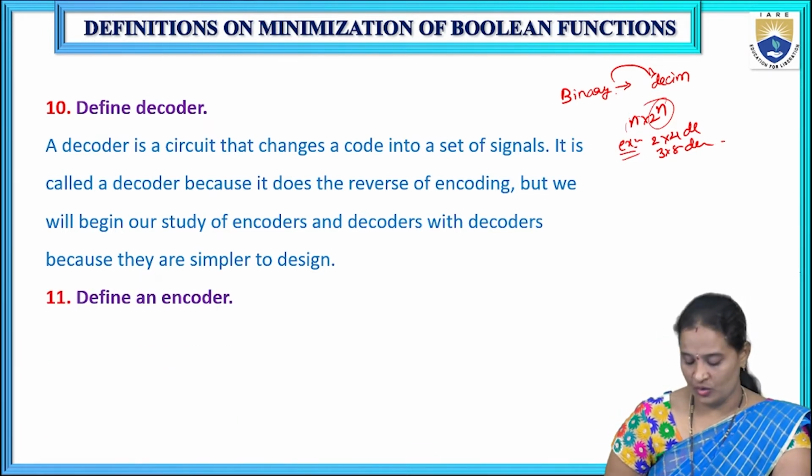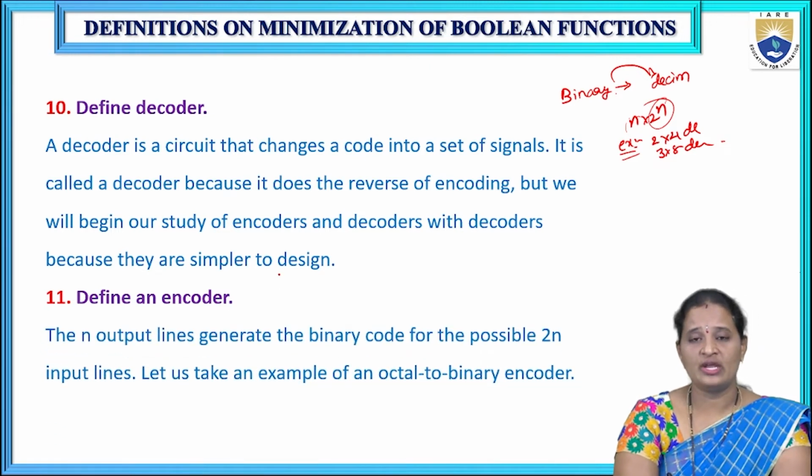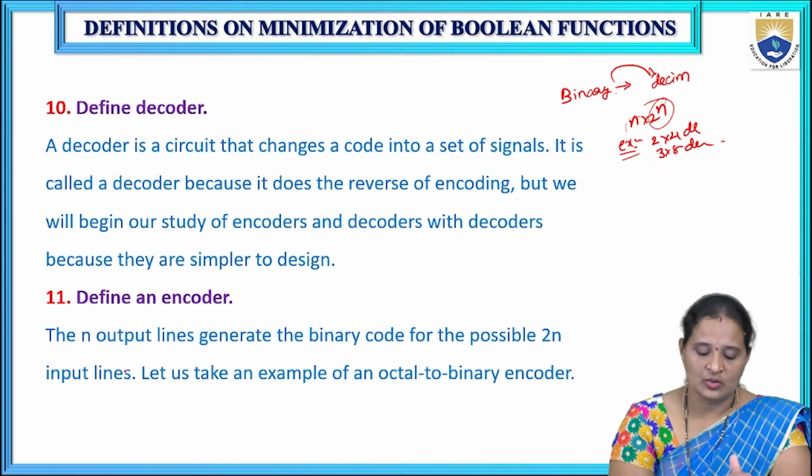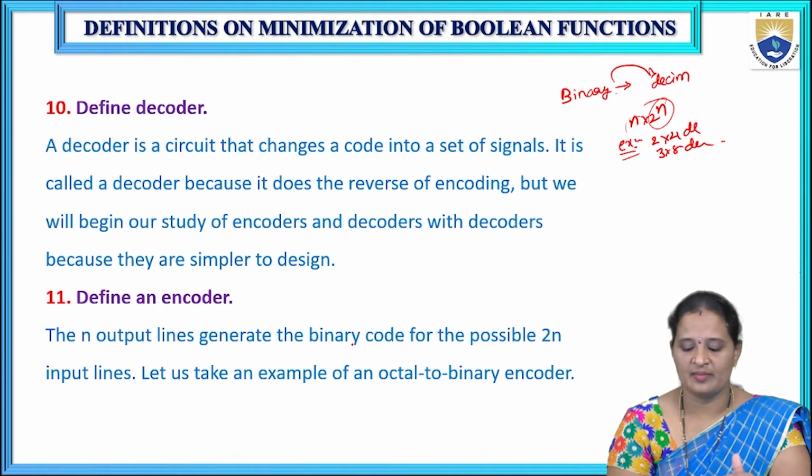Now define an encoder. An encoder is a combinational circuit which converts the given decimal data into binary data. So the n output lines generate binary code for the possible 2 power n input lines.